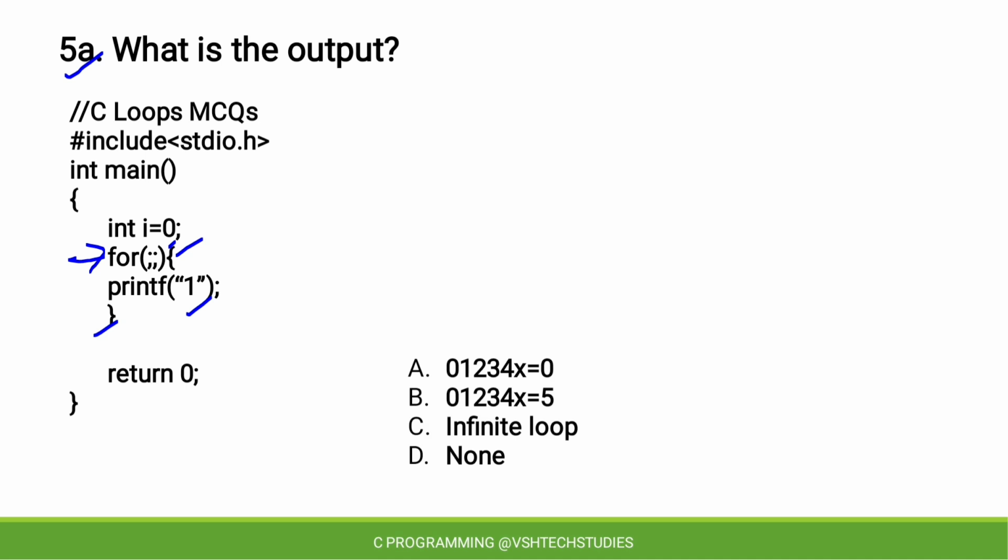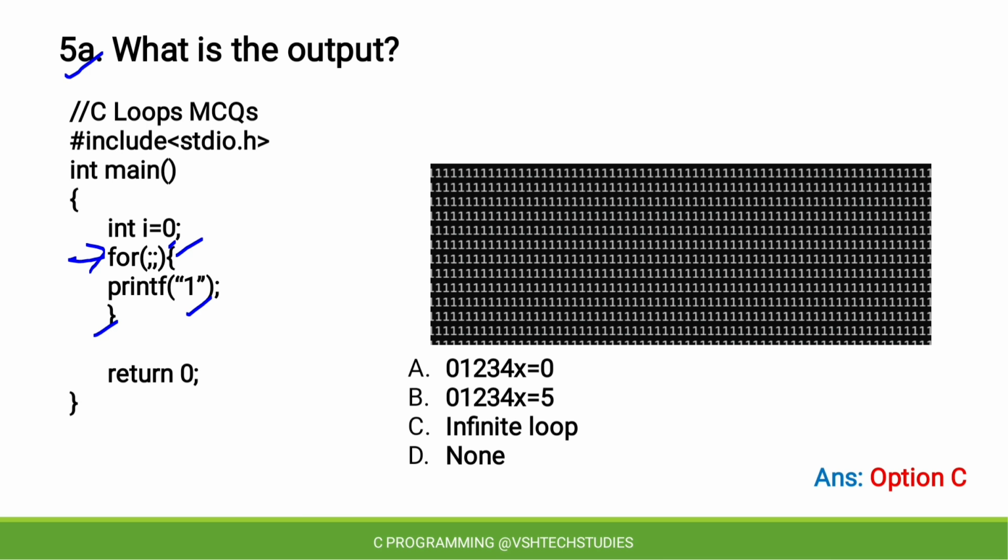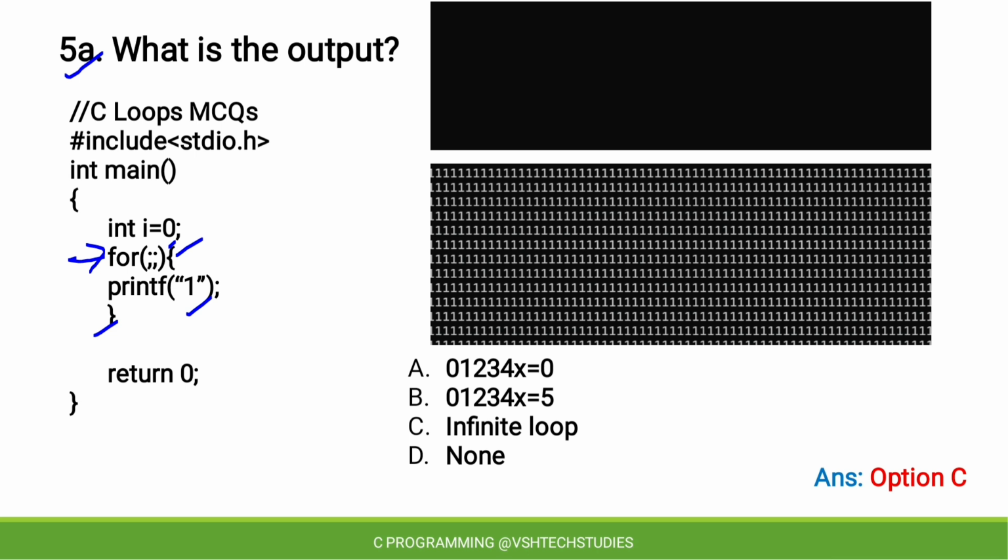If multiple choices are given here, option C is correct. Infinite loop means continuously 1 is printed on the monitor. So printing of 1 becomes never ending. If the printf statement is not there in this infinite loop body, then a blank screen will be seen. This is an example of an infinite for loop.